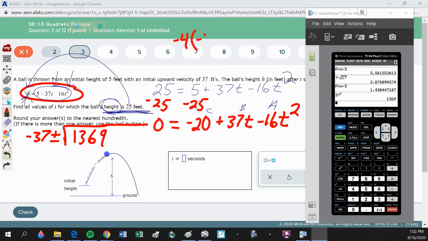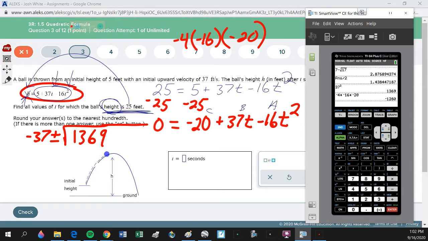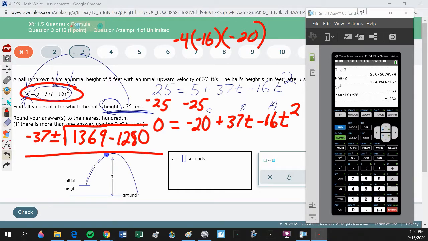Negative 16 times what's C? Negative 20. So negative 4 times negative 16 times negative 20 is minus 1280 over what? 2 times negative 16, which is negative 32.